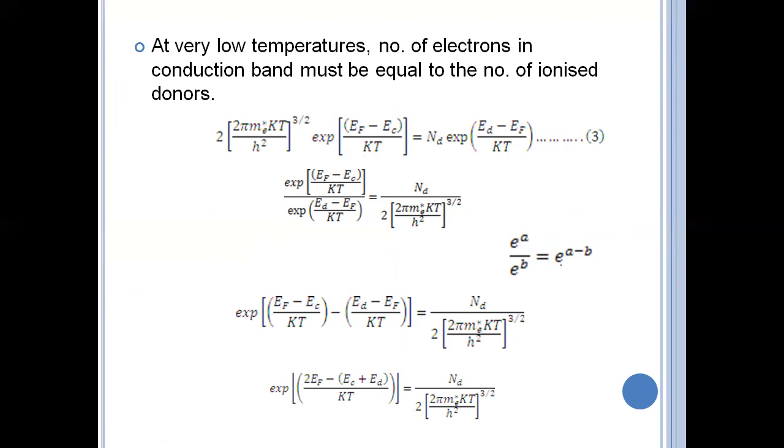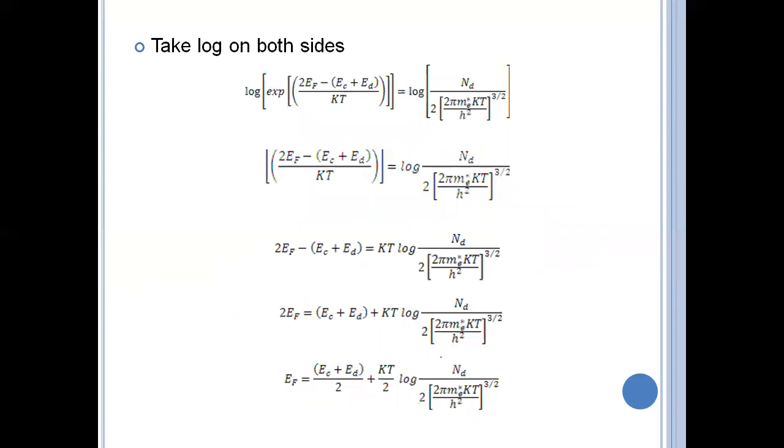So you can write it as e power (a minus b), that is equal to the constant. Again, if you take kT as an LCM, you can convert the expression as (2EF minus (EC plus ED)) by kT, that is equal to this. Now, if you take log on both sides, exponential and log function will cancel each other. So the left hand side will be (2EF minus (EC plus ED)) by kT, and the right hand side, log of ND by 2 into (2 pi me star kT by h square) power 3 by 2.